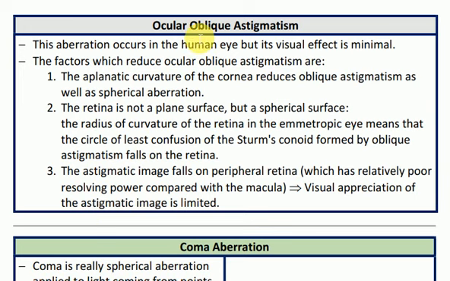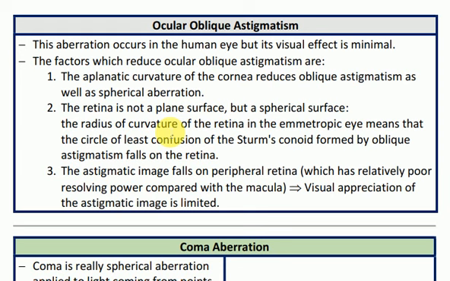Ocular oblique astigmatism. This aberration occurs in the human eye, but its visual effect is minimal. The factors which reduce ocular oblique astigmatism are the aplanatic curvature of the cornea, which reduces oblique astigmatism as well as spherical aberration. The retina is not a plane surface but a spherical surface.